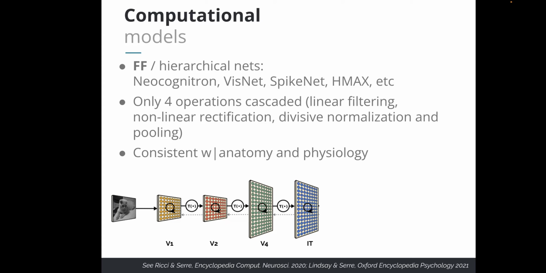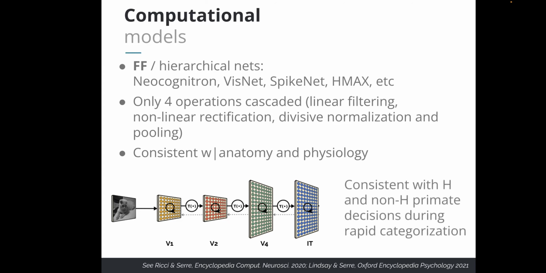Just stacking these 4 operations in a feed-forward manner through a cascade of processing stages has been sufficient to account for a host of anatomical and physiological data. And this was part of the focus of my PhD thesis: we showed that when we train those models to solve this rapid animal versus non-animal categorization task, we could account well for experimental human psychophysics data of the kind I alluded to earlier.